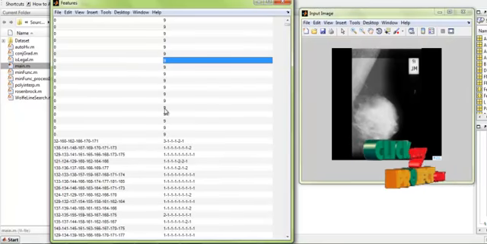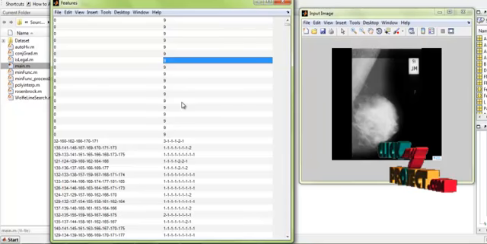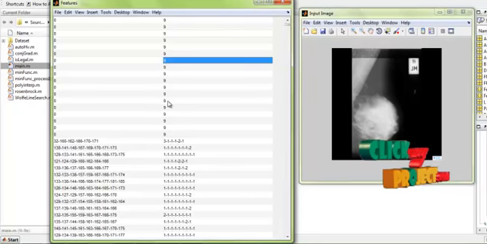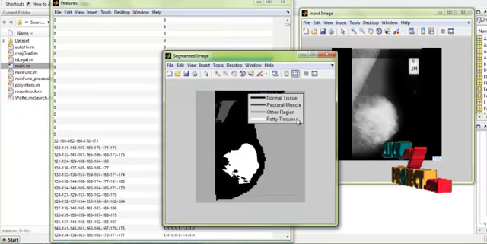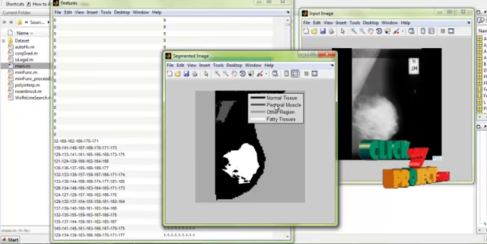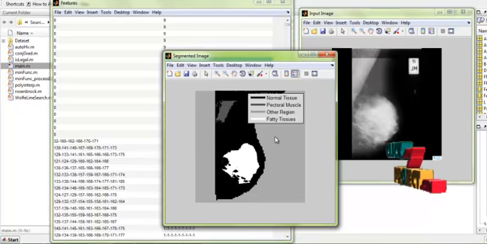From these extracted patch feature values, we classify which portion the particular patch belongs to. So the convolutional neural network is used for this process. This is the segmentation result obtained using the convolutional neural network. So the patches were classified into several regions.